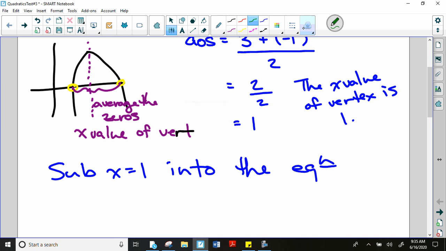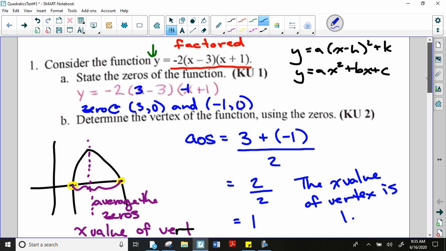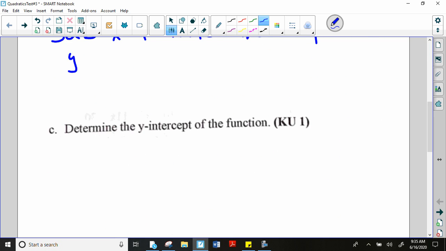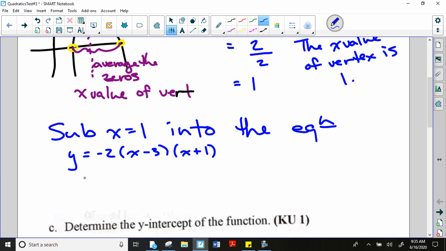So y equals -2(x minus 3)(x plus 1). It was minus 3 and plus 1 because the zeros were a positive 3 and negative 1. Wherever we see an x, I'm going to put in a positive 1.